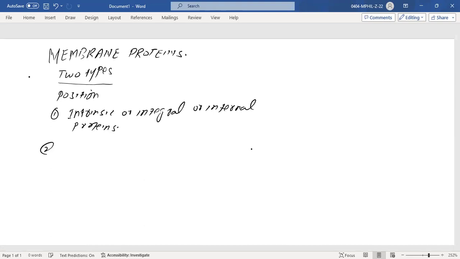Then you have the second type, and that is extrinsic. You can define these terms, or conceptualize them just by understanding the terms intrinsic and extrinsic.